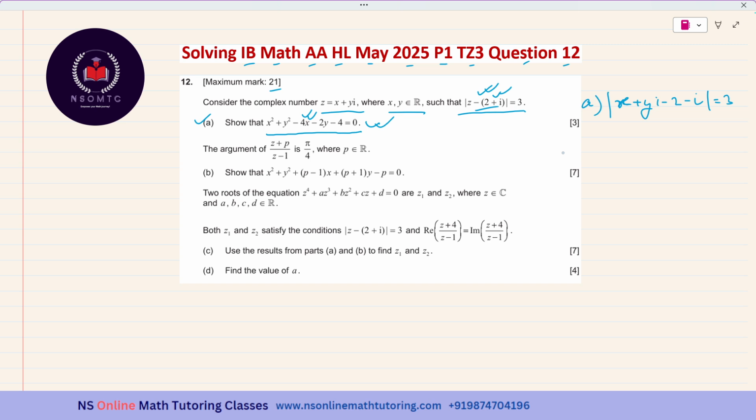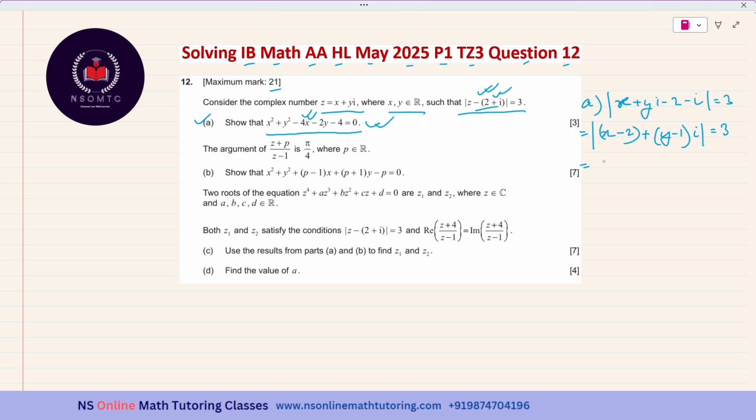equal to 3. And now I will be grouping the real and the imaginary parts. So, it is x minus 2 and plus y minus 1 i equal to 3.